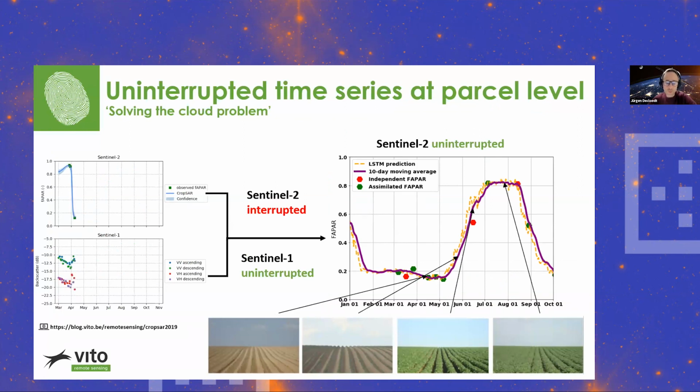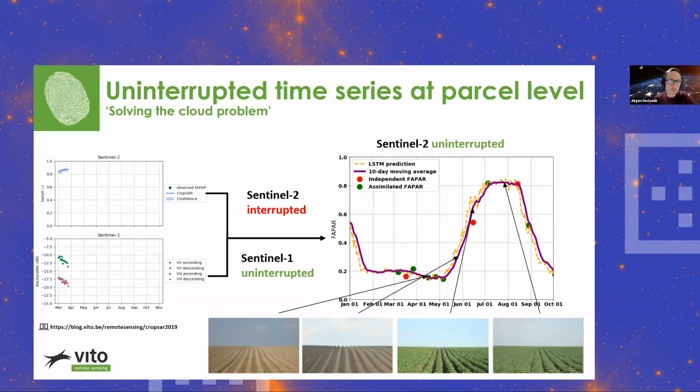So what you see on screen is we found a correlation where, in clouded periods, we rely on the SAR data of Sentinel-1 to derive or predict the FAPAR values that would otherwise have come from the Sentinel-2 sensor.